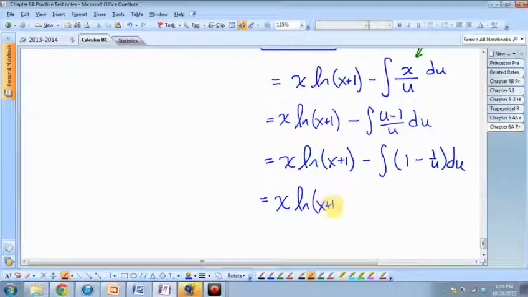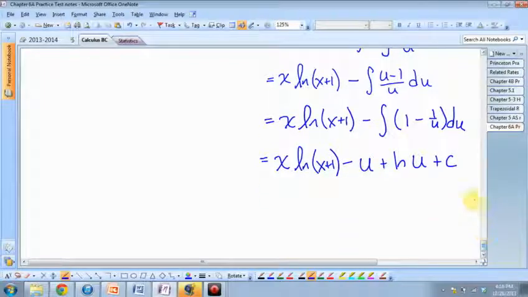Natural log of x plus 1 minus, what's the antiderivative of 1? u, plus the natural log of u. This one right here? Yeah, how did you get from the other one? Well, look, u over u minus 1 over u. Oh, okay.